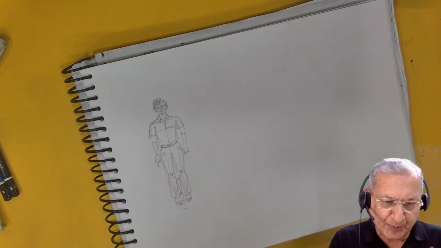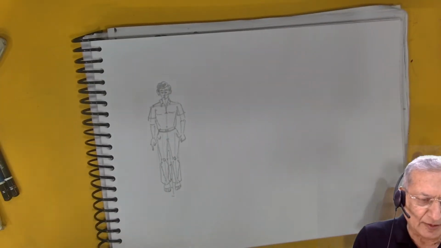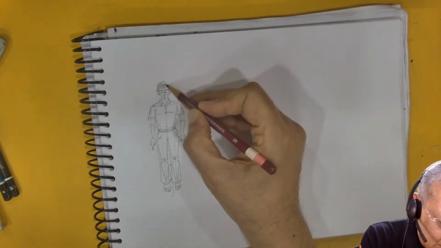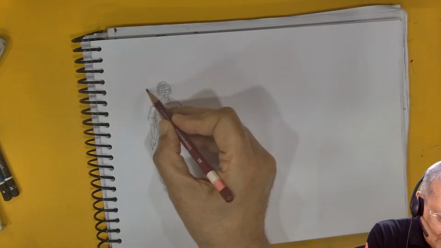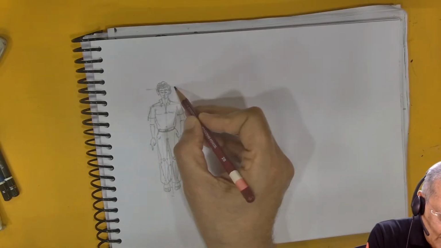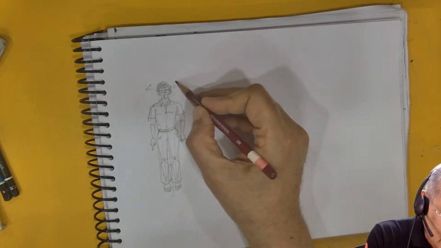For perspective of the human figure, you should remember one thing. Suppose you place this human figure inside a cuboid.